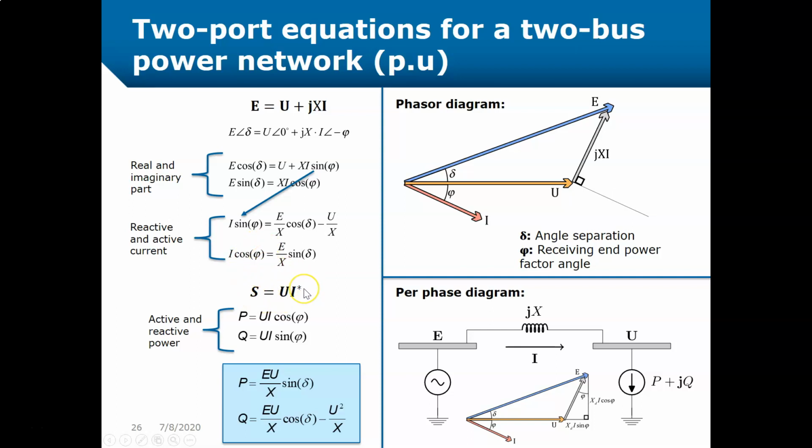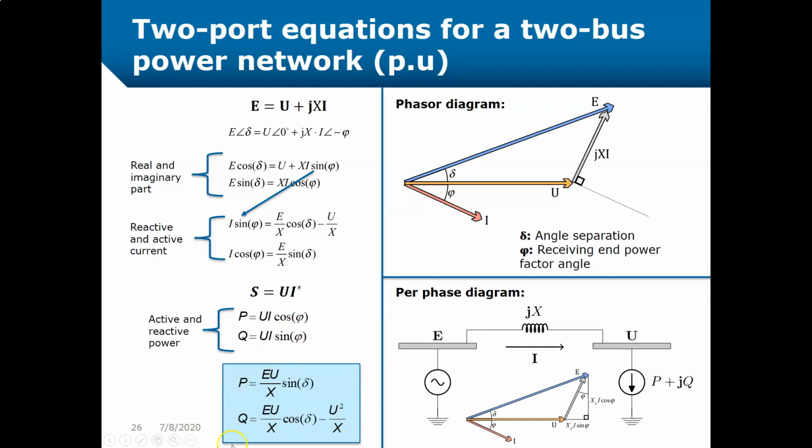Now we know that the complex power is U times the complex conjugate of the current, and we can then insert for I cosine phi this expression, and for I sine phi this expression, and we will get this relationship I see here.